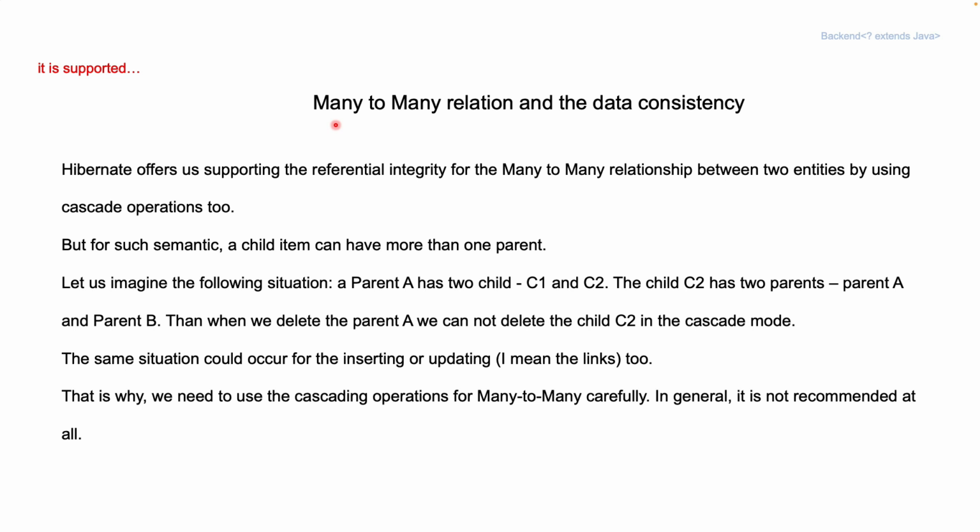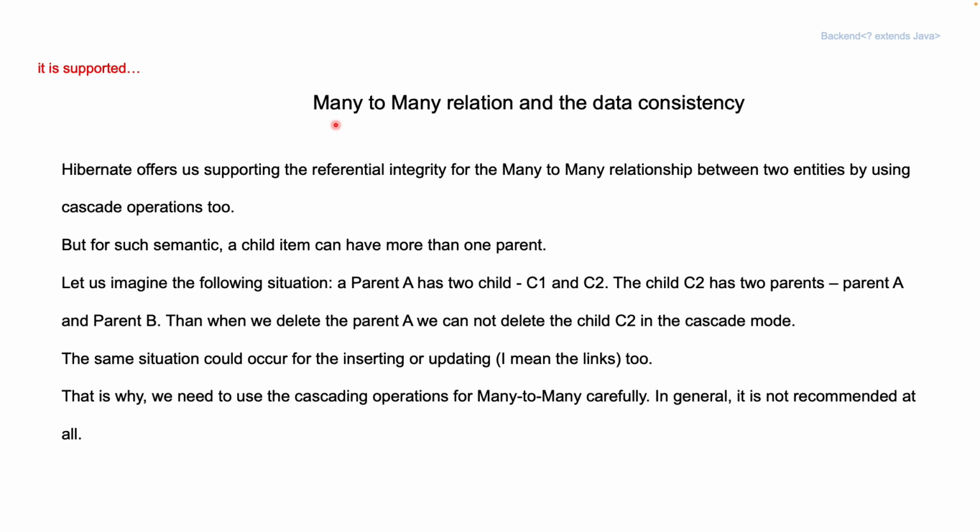That's why each time we come across many-to-many relationships in our application with Hibernate, I would like to highlight: first, we need to think about all scenarios regarding manipulation of our data.